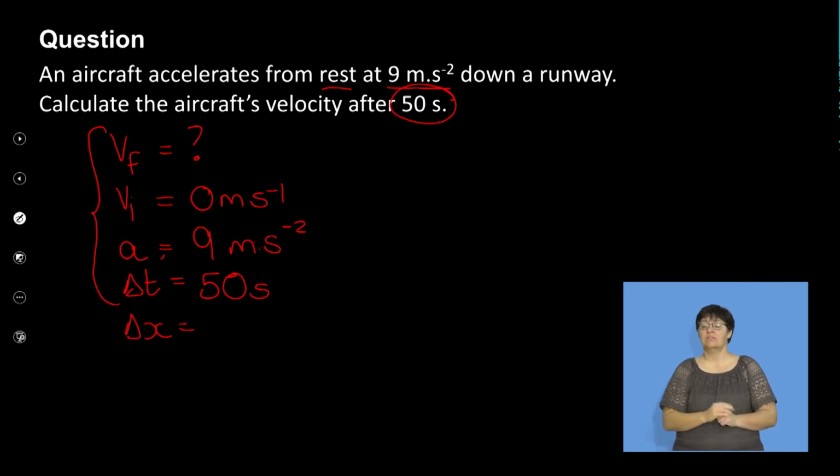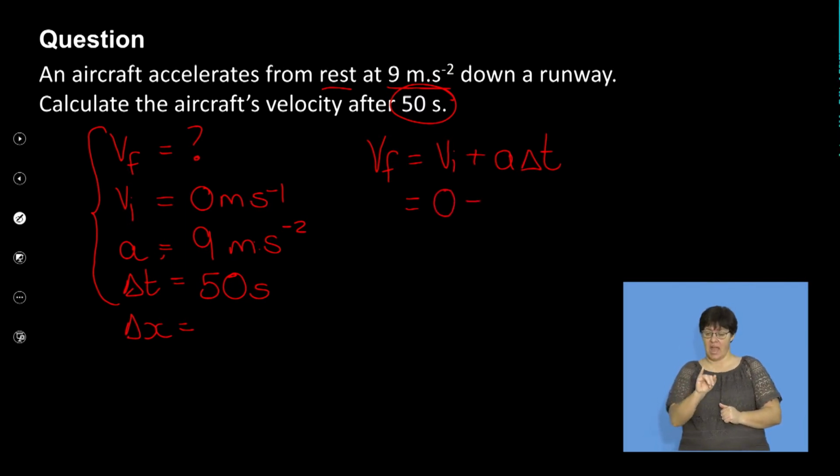And I can see from there, because I want an equation that doesn't have delta X in it, it's going to be the first equation, which we then write. And by now we know that one because we've used it lots. I want VF. I know VI is 0.